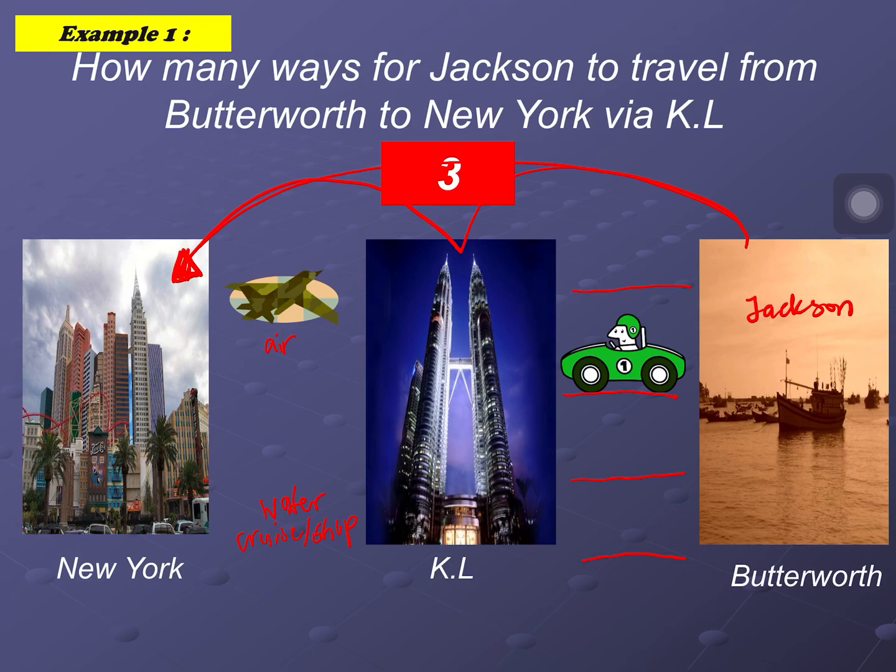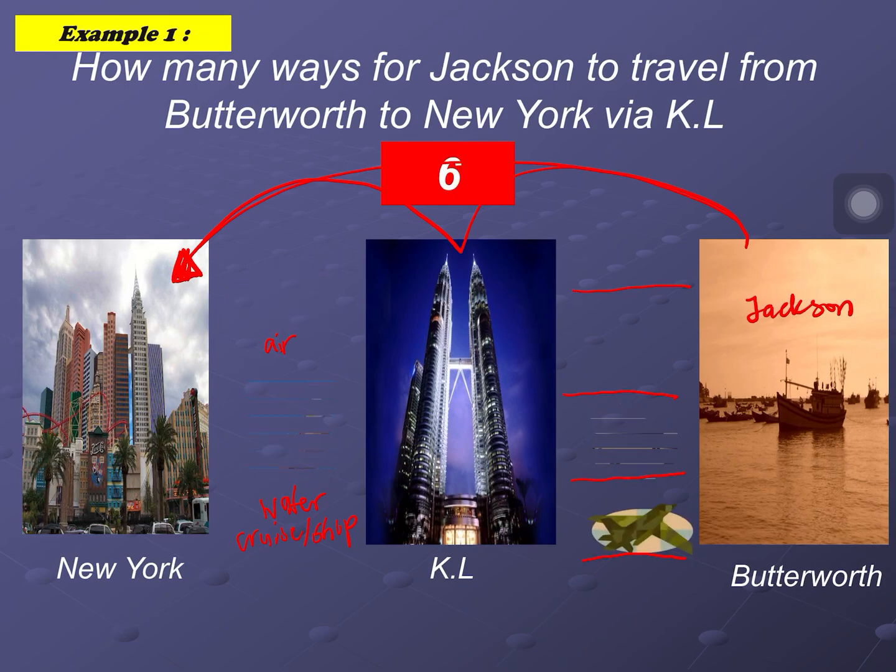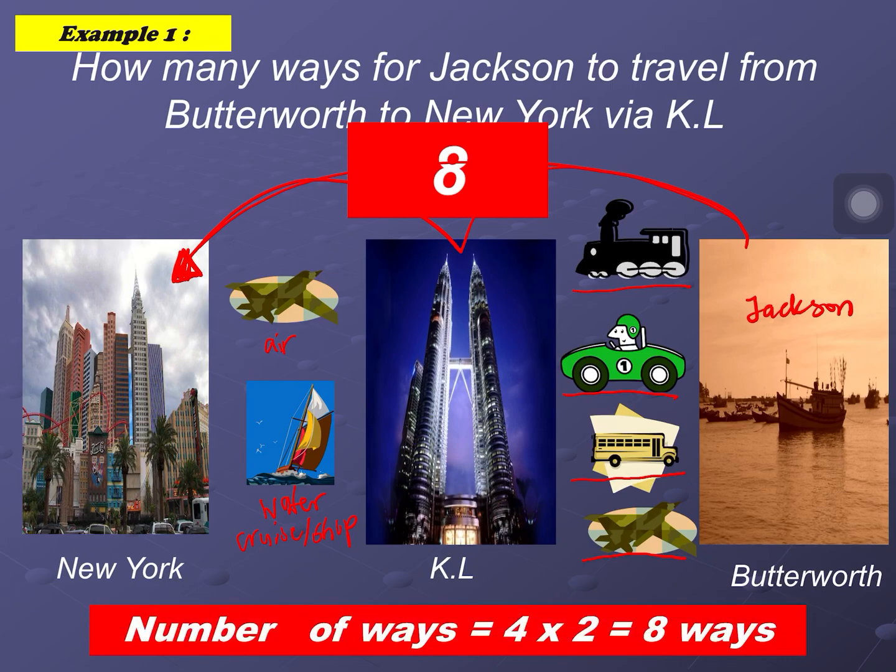Then by car and then by flight, or car and cruise, bus and flight, and bus and cruise. Probably both modes of transportation by air, and another one might be air and cruise. So there are 8 ways Jackson can travel from Butterworth to New York.